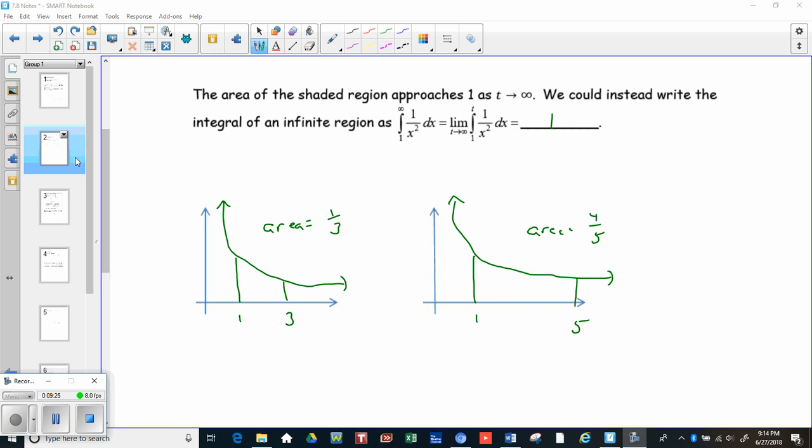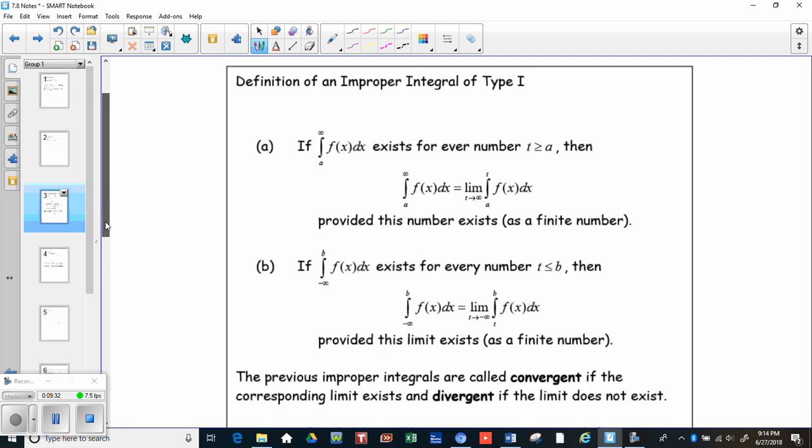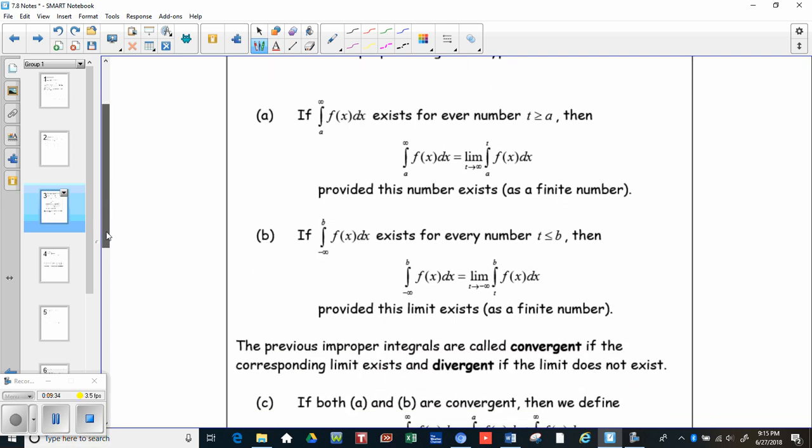All right, so on the next page is the definition of the improper integral type 1. There's a lot of stuff here. I'm going to highlight what you really need to know. If you take an integral from a to infinity, so this is some kind of an infinite integral, and the integral exists for every number t greater than or equal to a, then the integral is said to be the limit as t approaches infinity of the integral from a to t of f of x.